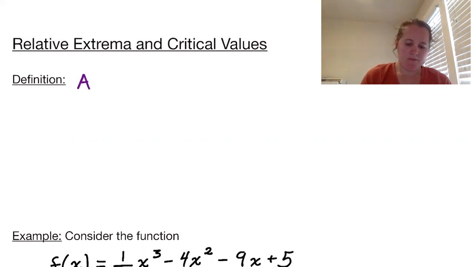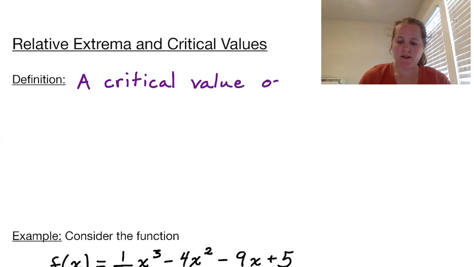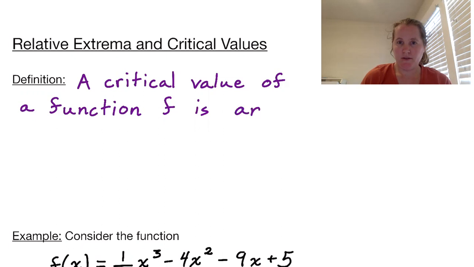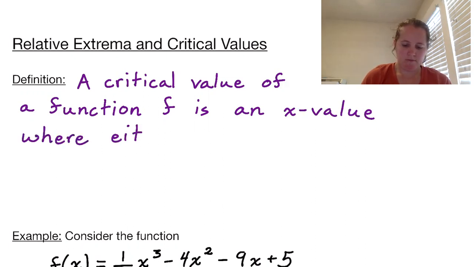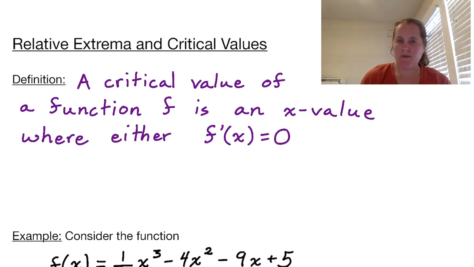A critical value of a function f is an x value where either f prime of x is equal to 0 or f prime of x is undefined.